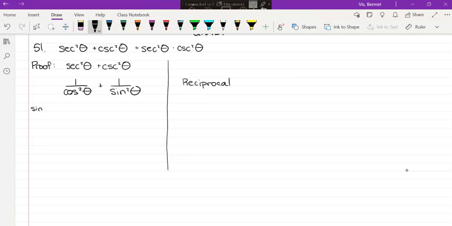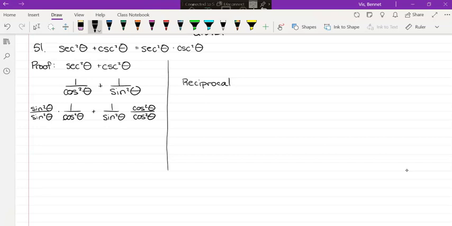So I'm going to multiply that left side, top and bottom, by sine squared over sine squared. And this term over here is lacking a cosine squared. So I'm going to multiply top and bottom by cosine squared. I can do that because those are just big ones.